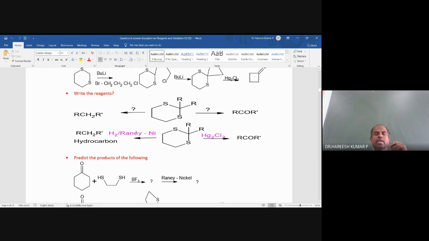Hydrogenation in the presence of Raney nickel cleaves the dithiane, giving rise to a hydrocarbon. And what is happening from here to here? Dithiane cleavage. It should be treated with mercuric chloride, silver chloride, or cadmium carbonate, so there will be a cleavage giving rise to a ketone.